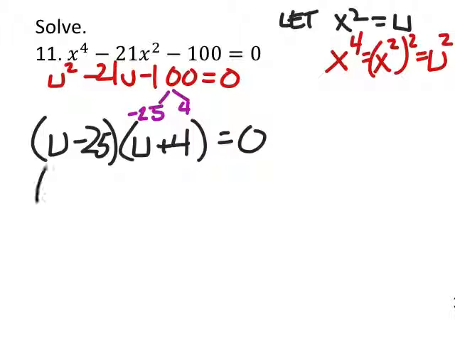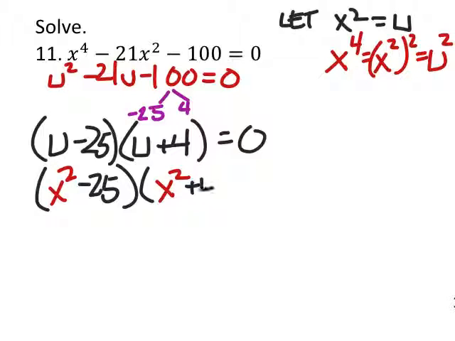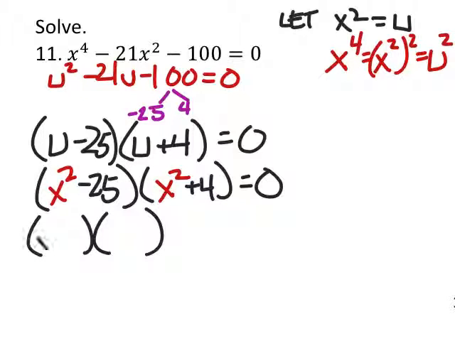So that gives us x squared minus 25 and then we have x squared plus 4. Now we'll continue to factor these out if we can. We got x squared minus 25 would factor into an x minus 5 and an x plus 5.